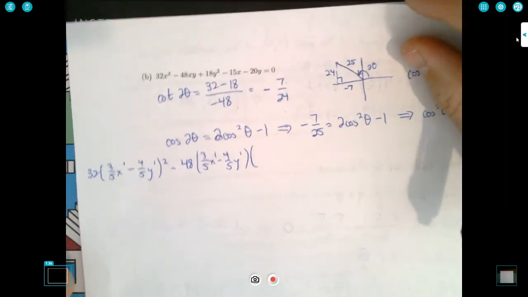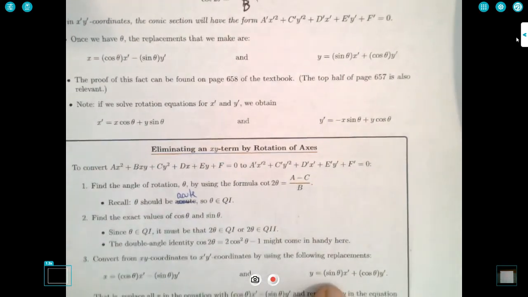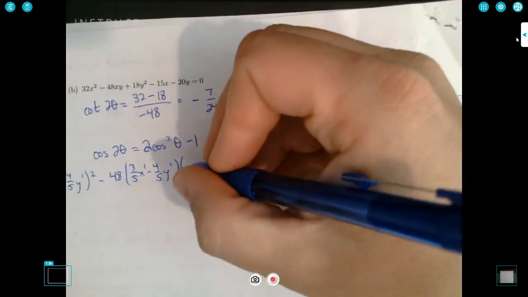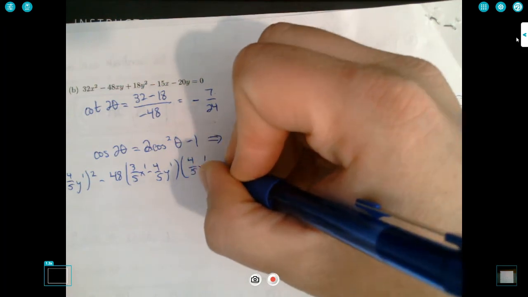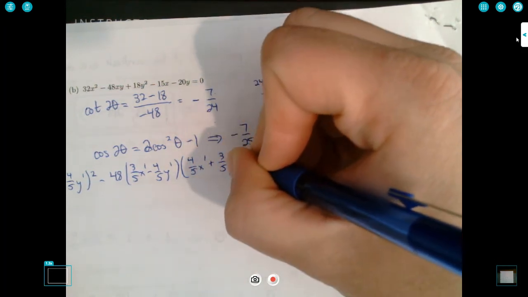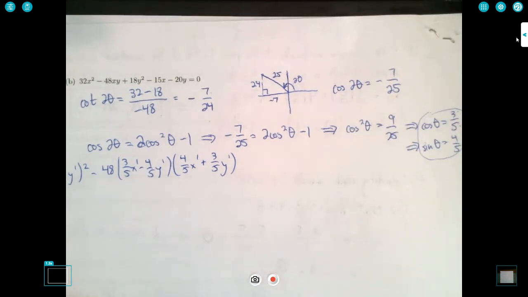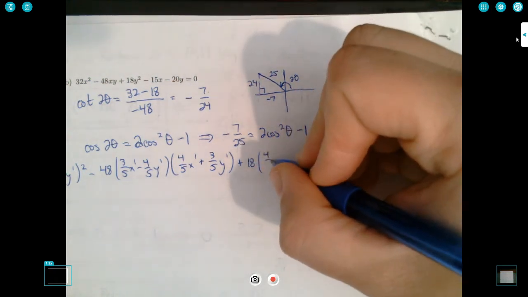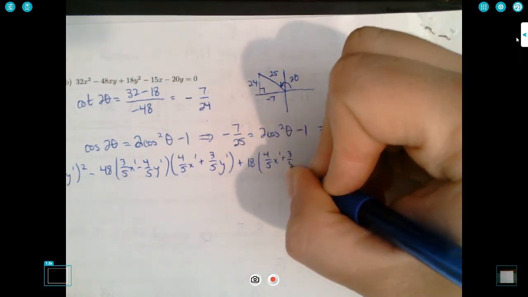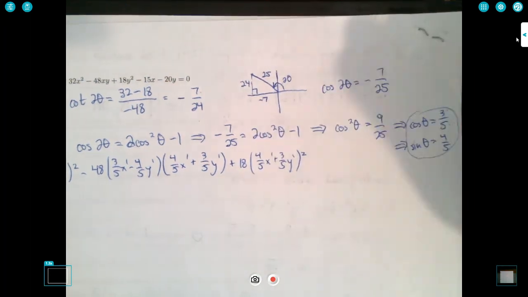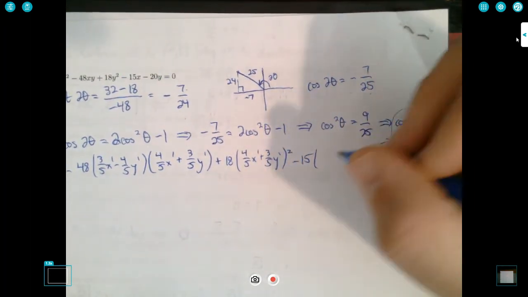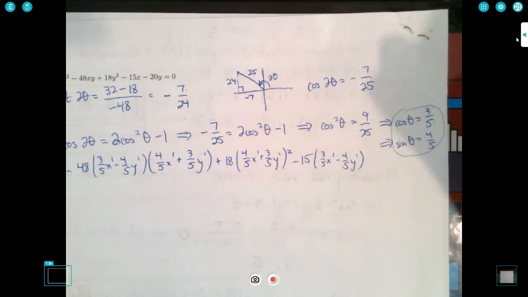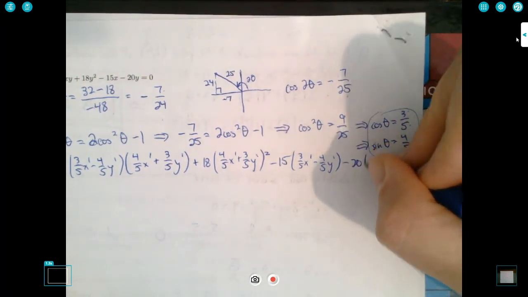Y is going to be replaced with sine theta times x prime plus cosine theta times y prime. Okay, plus 18 times y squared, that's what I just wrote down, minus 15 times x, minus 20 times y.